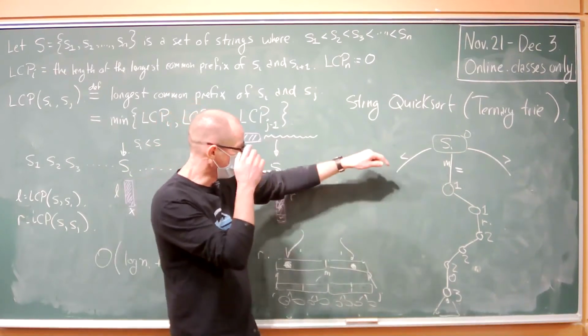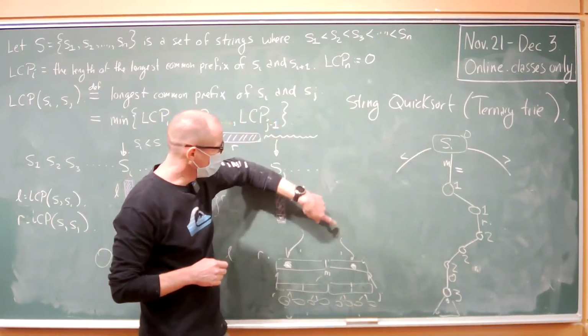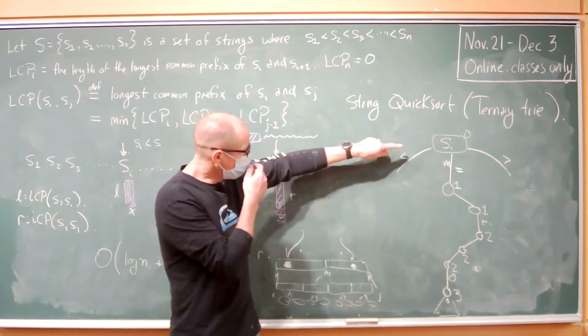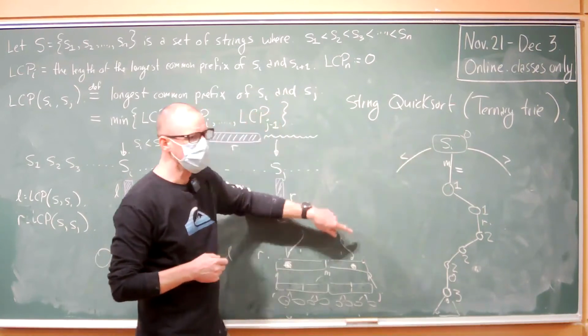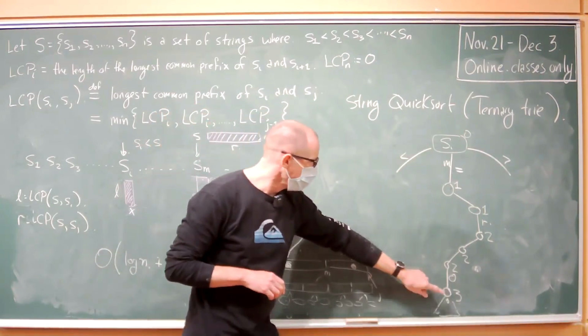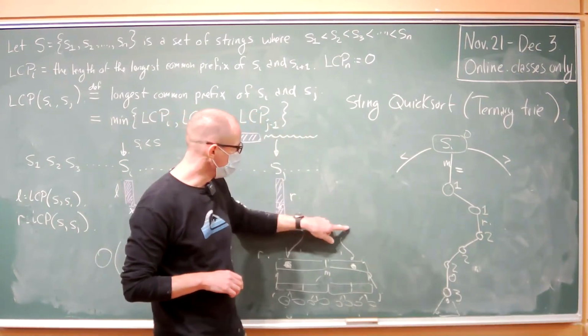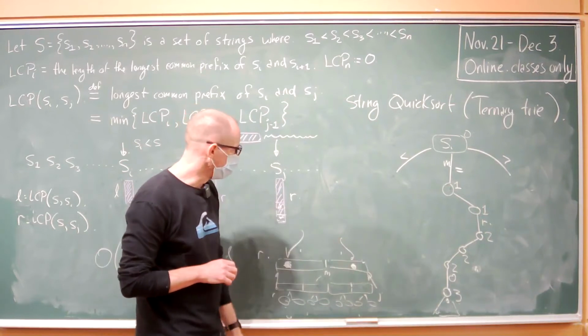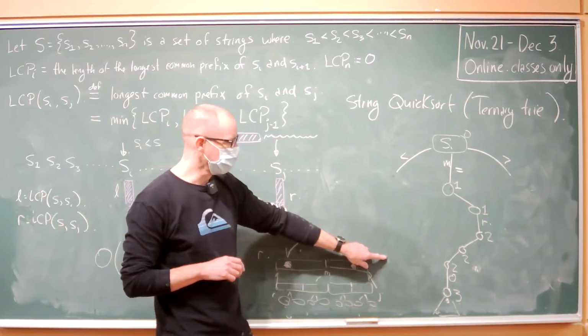So you know how to walk around a tree, visiting the nodes in order. And all you have to keep track of while you're doing this is the depth of this magic number here, the common ancestor between Si and Si plus 1. That tells you the length of their longest common prefix.